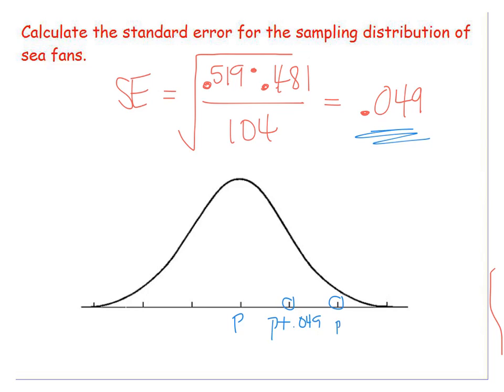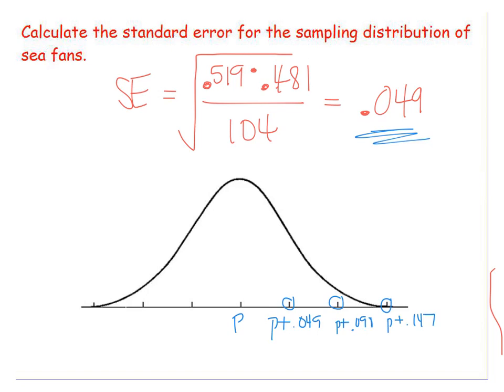So this mark is P plus, if I take 0.049 and I add another 0.049, I get 0.098. Then if I go one mark further, I'm going to add another 0.049, so I end up with P plus 0.147.